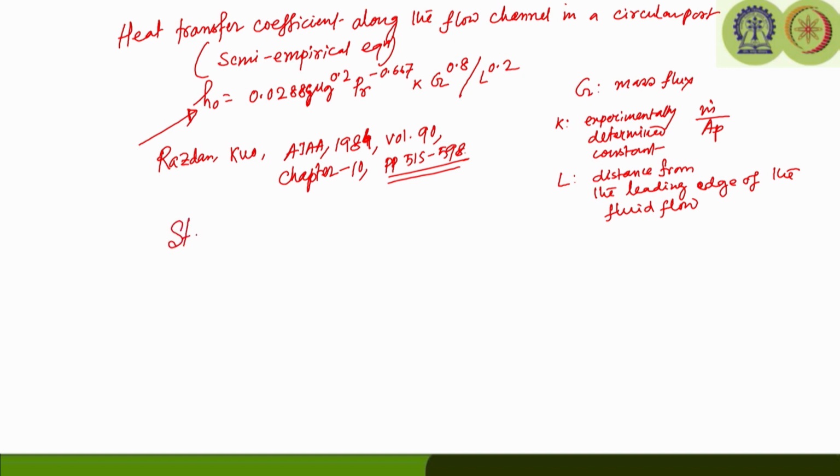Basically, the Stanton number is given by the ratio of heat transferred to the fluid to the thermal capacity of the fluid.